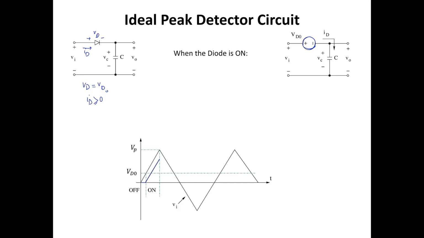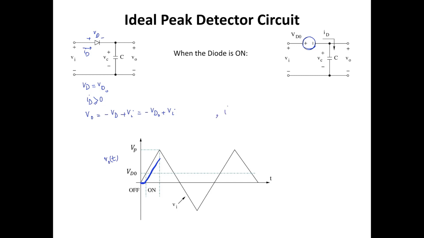Now the diode is on and conducts, so Vi is going to charge the capacitor. As a result, V out, which is equal to Vc, is going to increase. Using KVL, I know that V out equals negative Vd plus Vi. Because Vd is a constant value, I have negative Vd0 plus Vi. V out is slightly less than Vi. This is the equation for V out in this area.